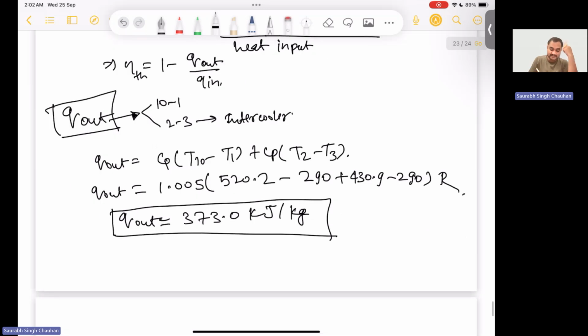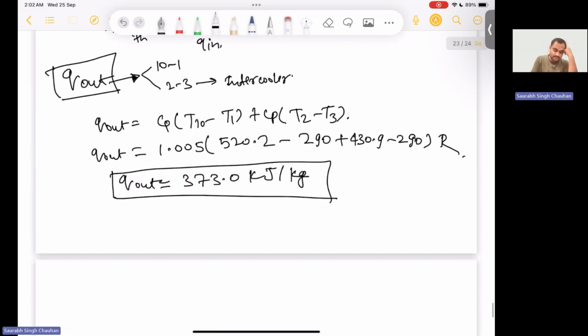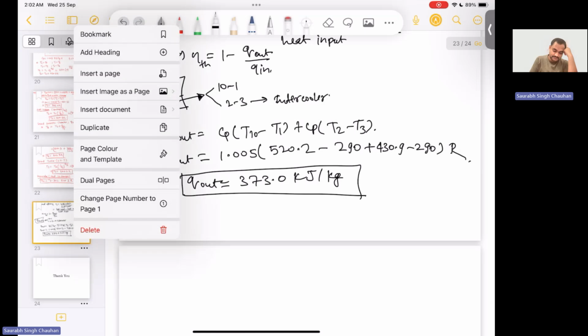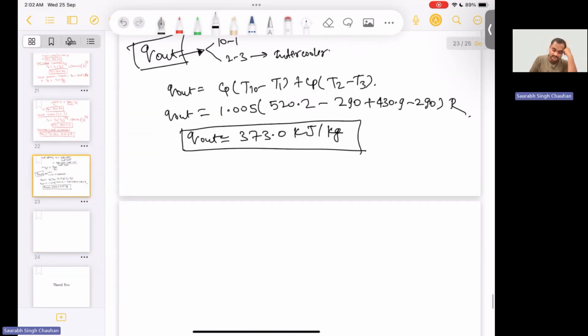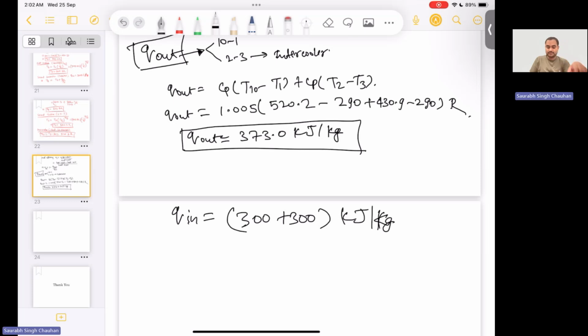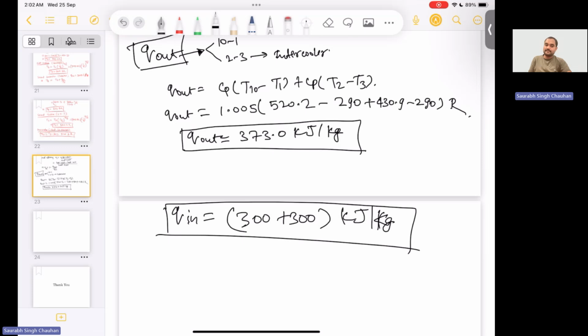So now you have Q out, you have Q in. Q in is taking place in two parts. Q in is taking place twice, because there are two combustion chambers. So Q in is equal to 300 plus 300 kilojoule per kg. Okay. So now you have Q in, you have Q out, you can calculate the efficiency.